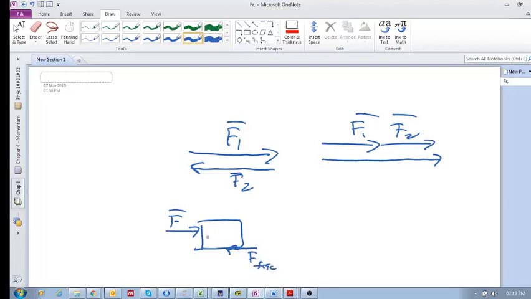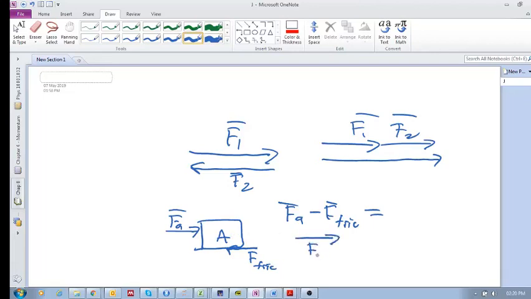There's two forces acting on the block, on object A. And if it's increasing its speed, then this, let's call it F applied, F A minus F friction is going to be your vector sum, and it's going to be pointing in that direction.